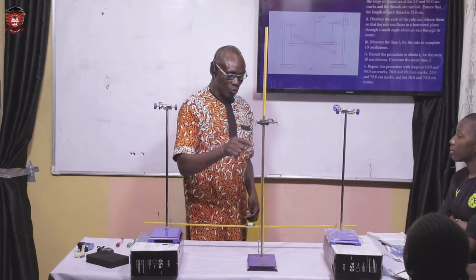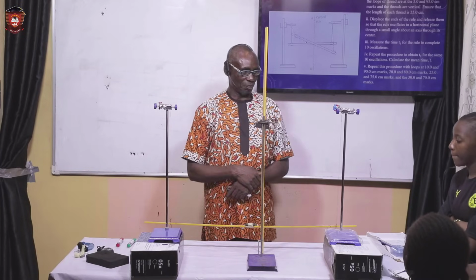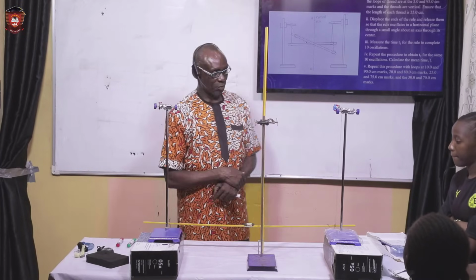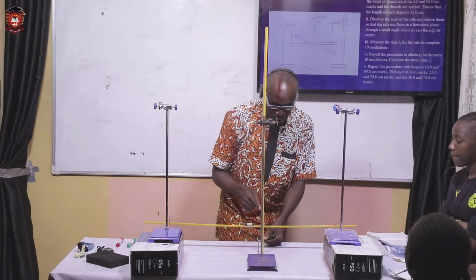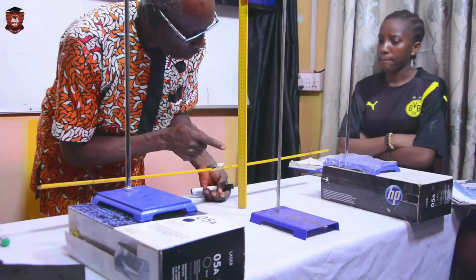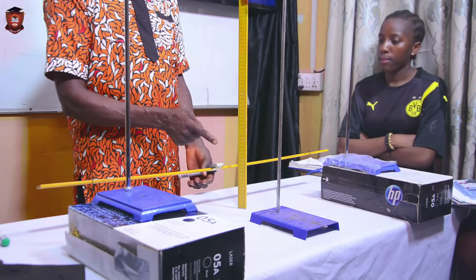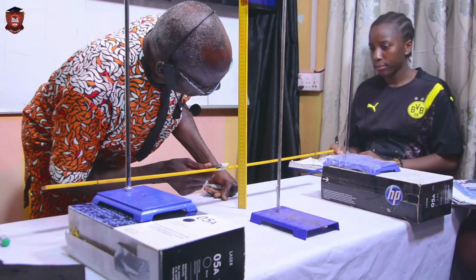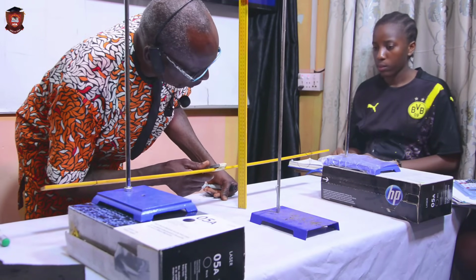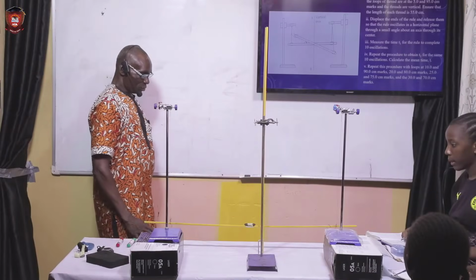So this meter rule will determine the height of this from the ground. So from the ground, we can now notice the height of it. So this is exactly 12 centimeters from the floor.